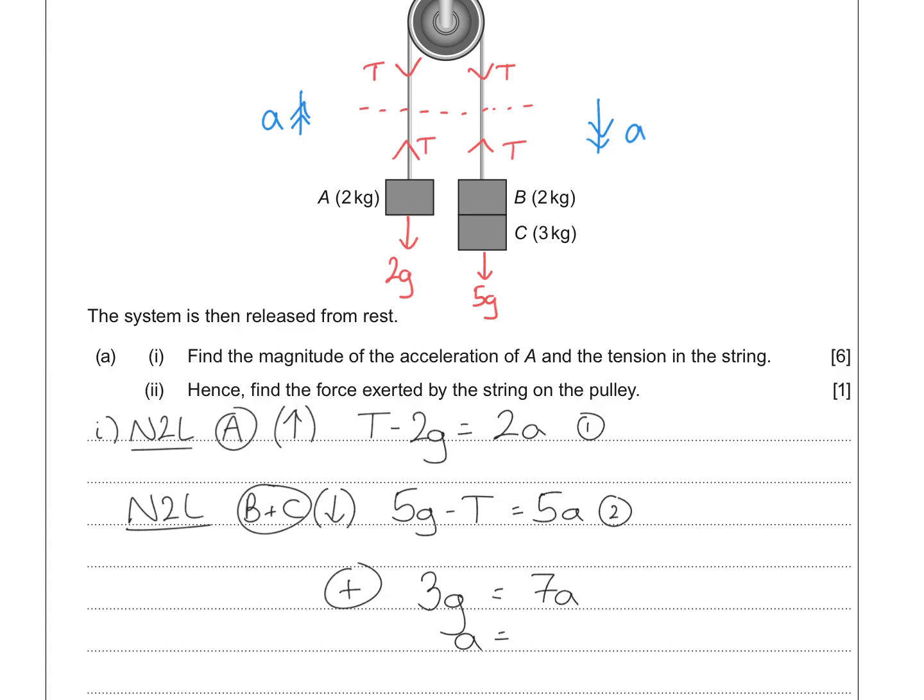So a is 3g over 7, and because g divided by 7 is 1.4, okay, that's another nice one to learn about. 7 goes into g, I think, 1.4 times. That means this is 4.2 meters per second squared. You'll see in a lot of these questions, when you have g, 7 or 0.7 or something like that will pop in to make the numbers come out really nicely.